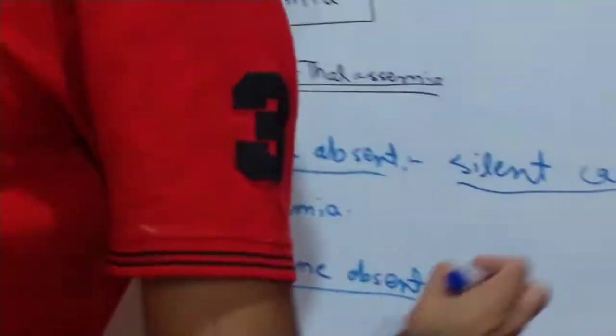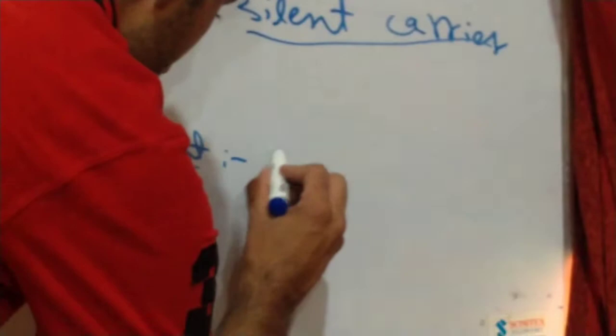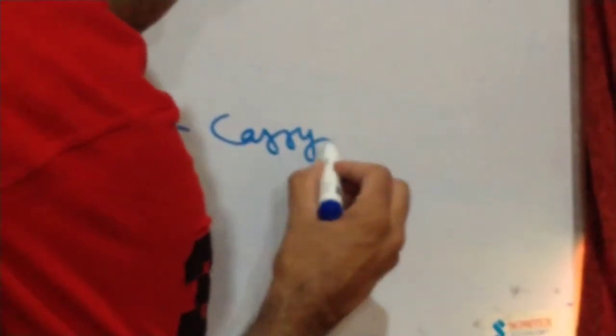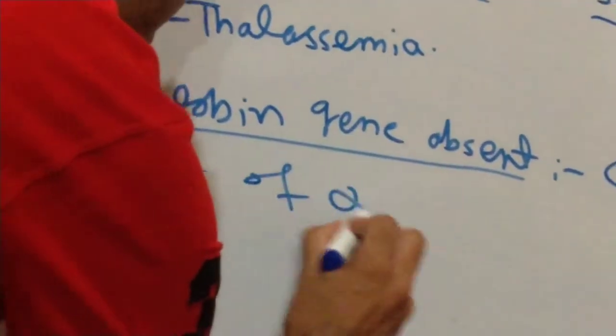So that particular baby, having the 2 alpha globin genes absent, would be said to be carrying the trait of alpha thalassemia disease.